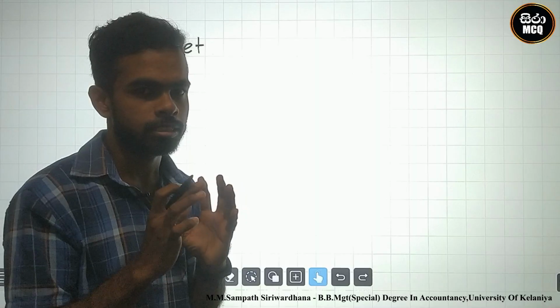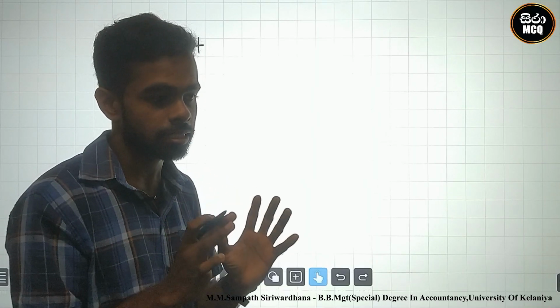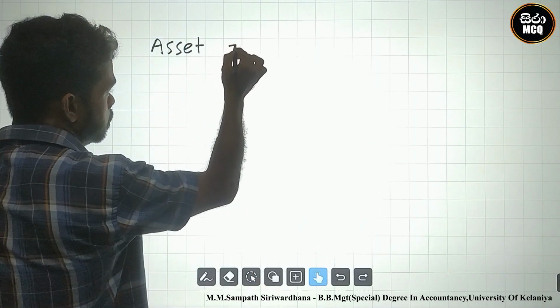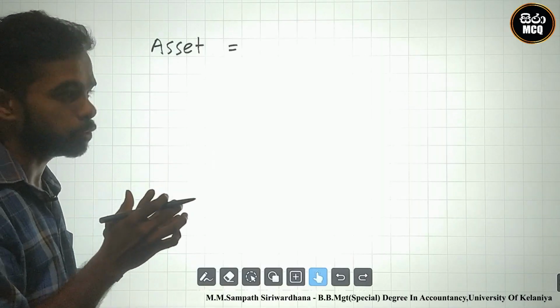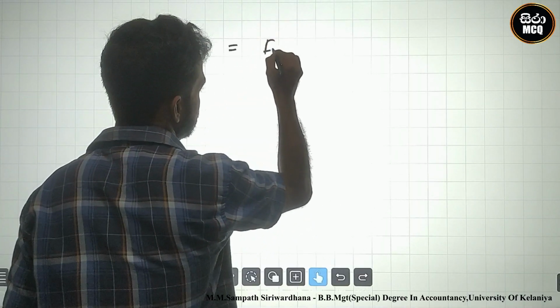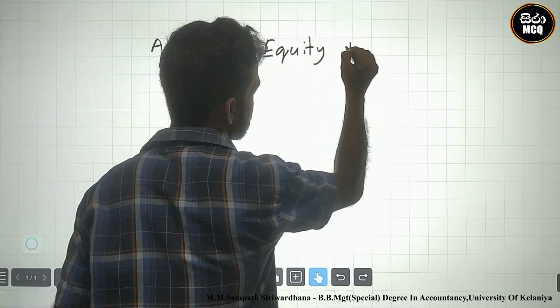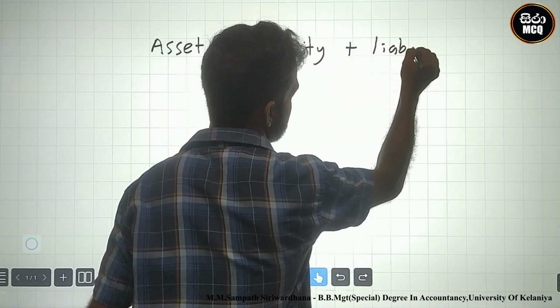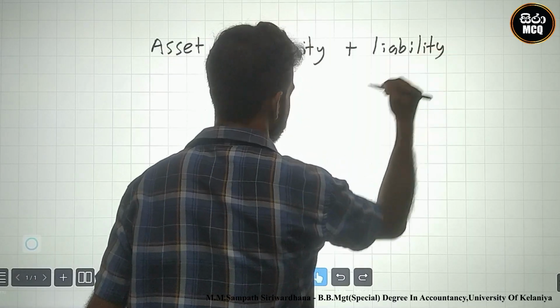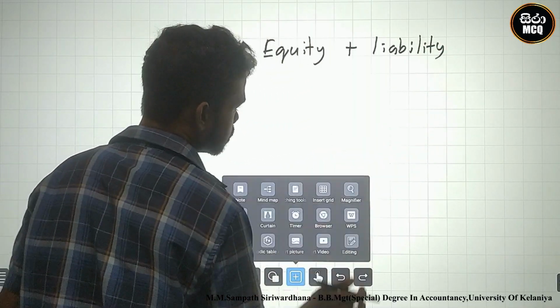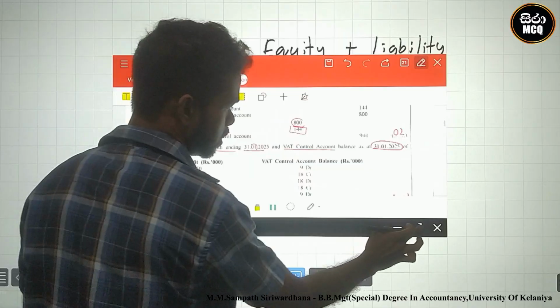This is the explanation to identify assets, equity plus liability. Immediately I prepare this one. Look here, there are 4 transactions.